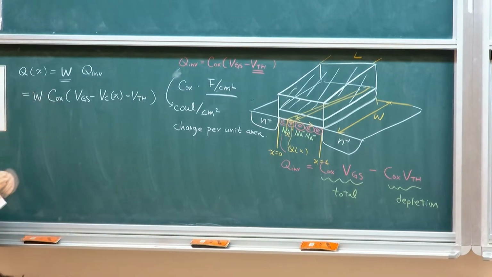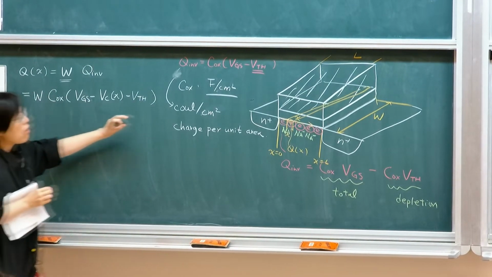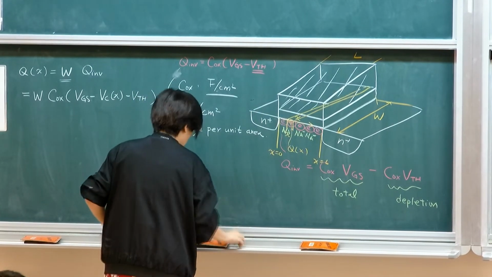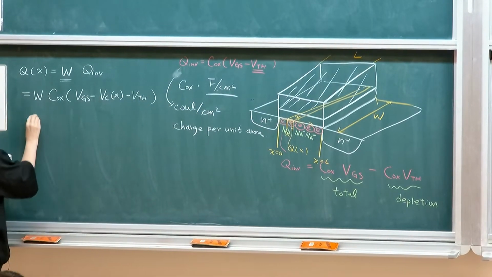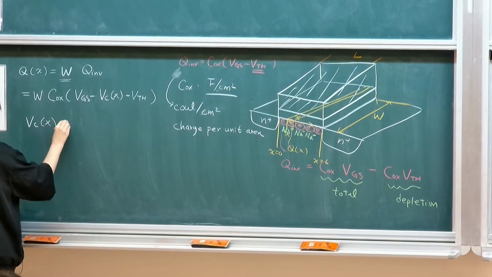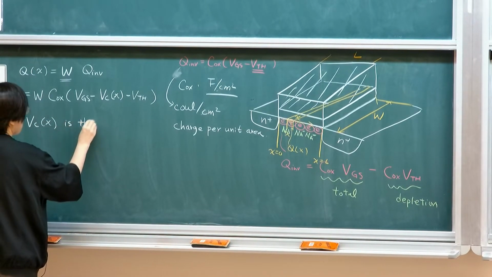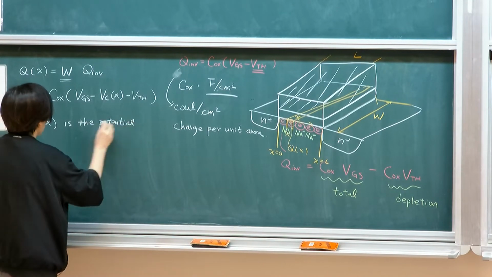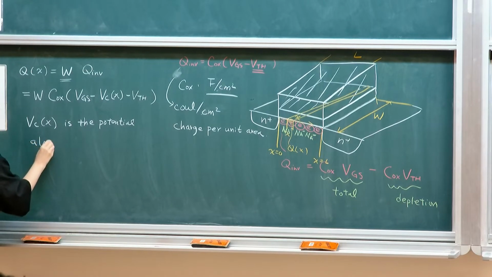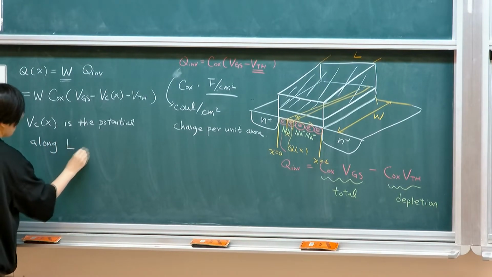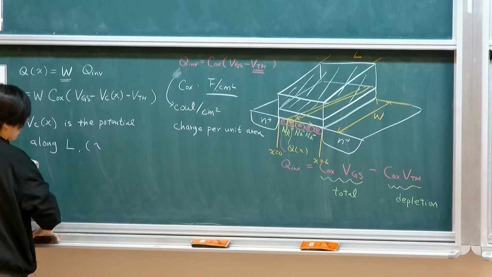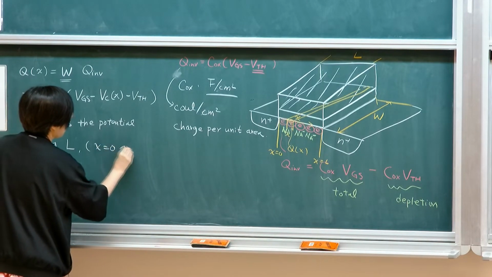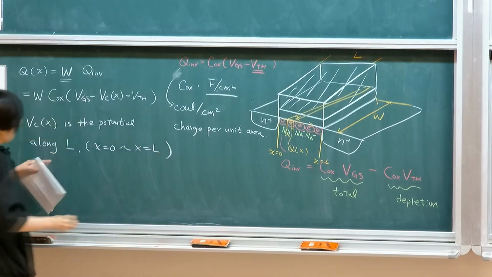So the potential across x will be different along the channel. So Vx, let me write down, Vx is the potential along L, from x equals 0 to x equals L. Okay?